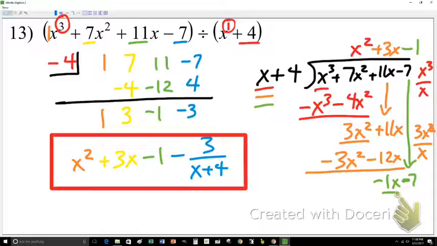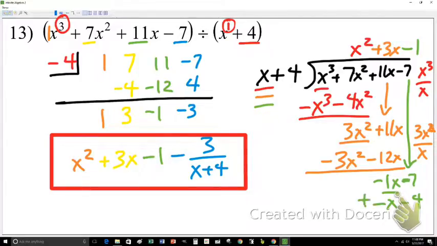And then we multiply a negative 1 through this whole binomial again. Place that result underneath. So negative 1 times x would be negative x. Negative 1 times 4 would be negative 4. Actually, sorry, we have to multiply everything by a negative 1 before we add, right? So we have negative x minus 4.